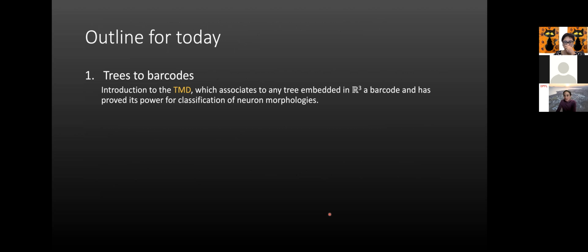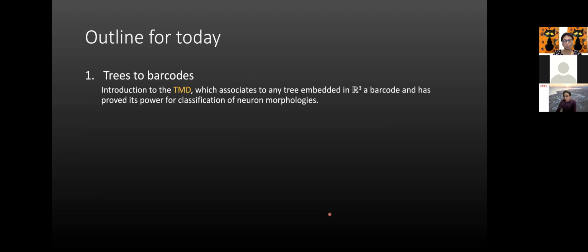So the outline for today is going to be first to talk about how you go from trees to barcodes. When I talk about a tree, I'm going to be talking about embeddings of trees in 3 space. If you're not interested in neurons, which is fine, there are lots of other interesting tree-like structures that one can be interested in studying. And I imagine that some of them are probably even relevant within material science.